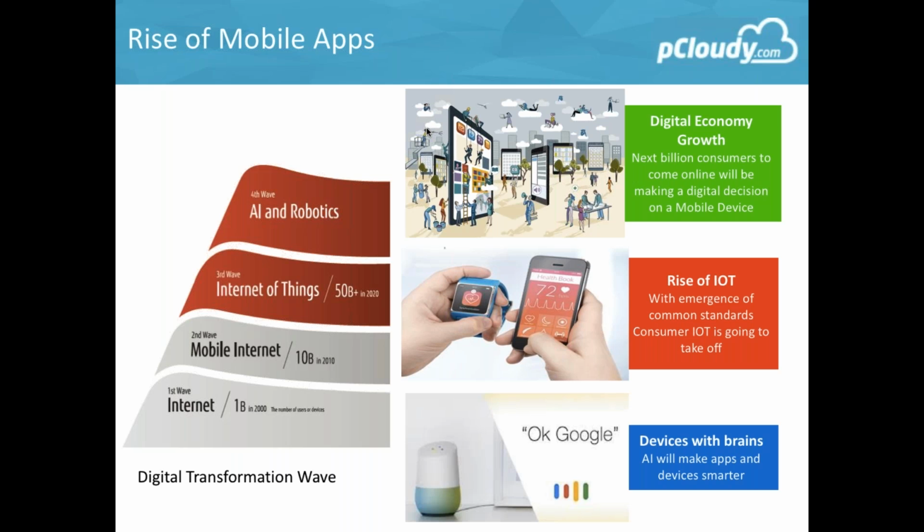Lastly, in this digital transformation wave, one of the biggest innovations happening today is in the area of artificial intelligence and robotics. People are predicting that this will lead to a world where everything around us is a smart device. So we talk about smart watches, smart homes, but anything around us, maybe a chair, can be a smart device. That's the world we are moving towards. And if you have tracked the latest trends, Google launched its Google Home. I think that's just the beginning of things to come.